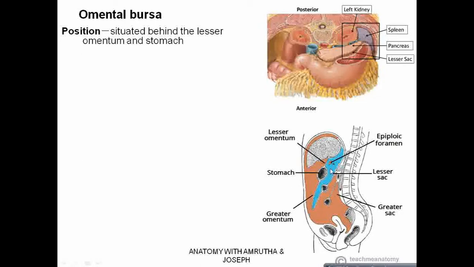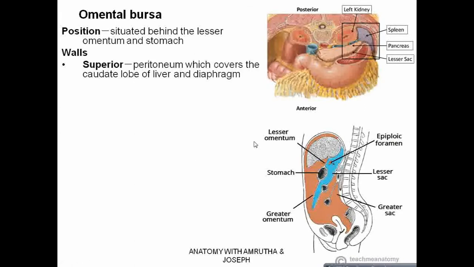Now this is a space that is behind the stomach, lesser omentum, this area. So this is the area again behind the stomach. This area is the lesser sac. Lesser sac gives some room for the stomach to expand.